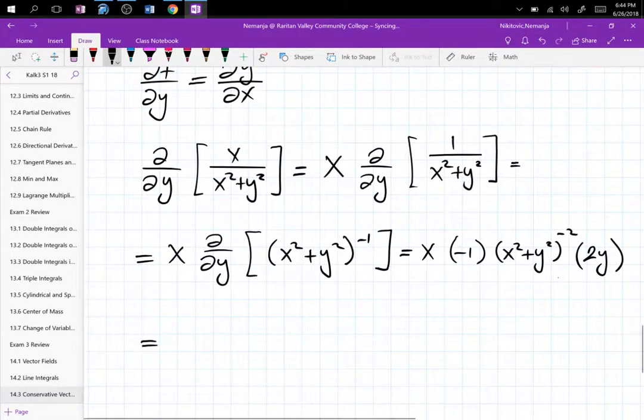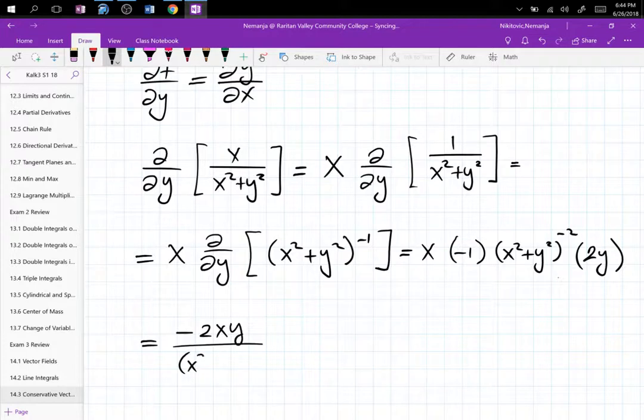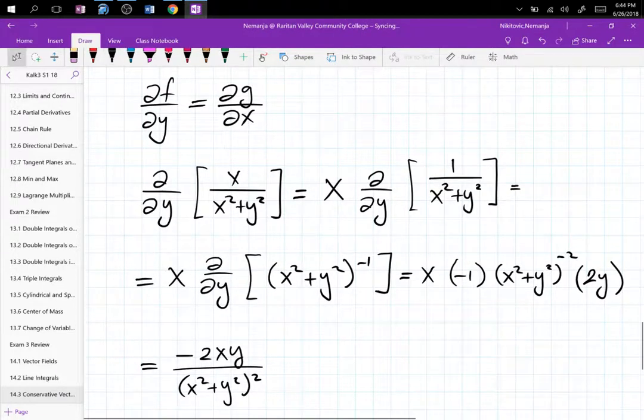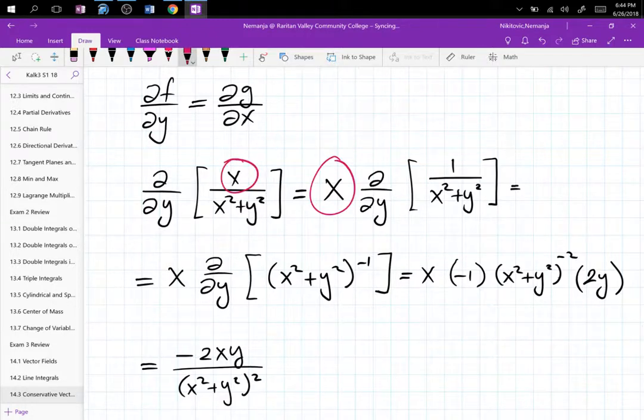So the final answer over here is going to be negative 2xy divided by x squared plus y squared, everything squared. You're asking about this x? Because we're differentiating in terms of y, it's a constant, you can kick it out.